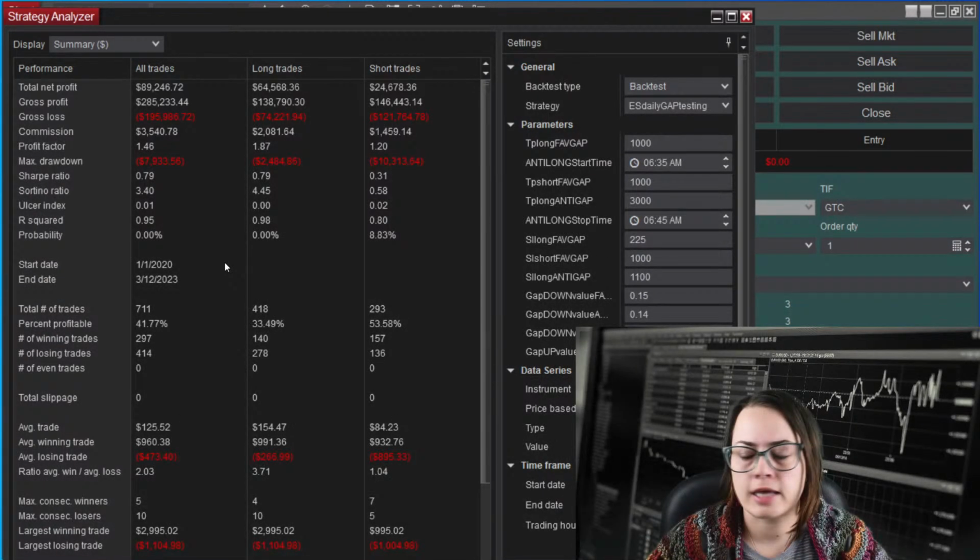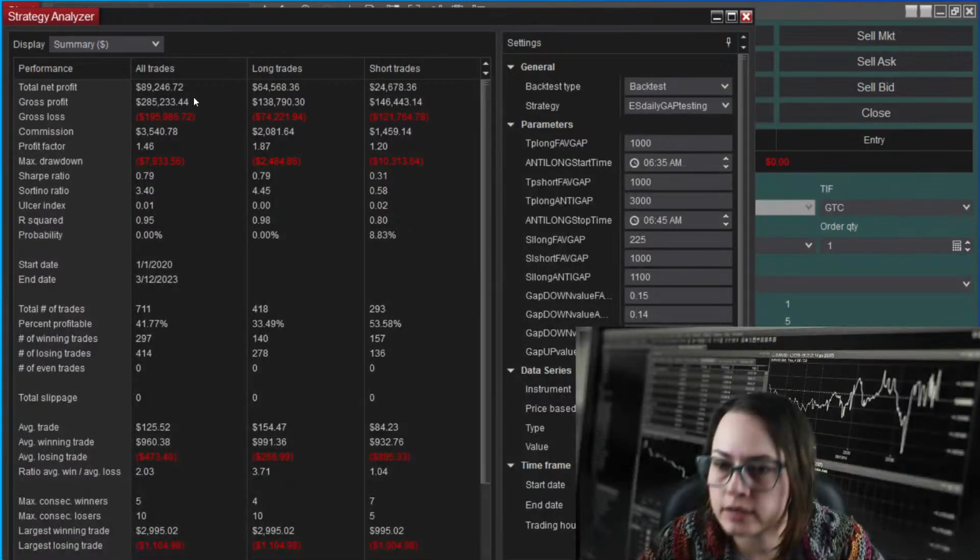So here is the back test date range. It is the same as the last three we looked at. Here is the max drawdown, the gross loss, the gross profit, and our total net profit there.